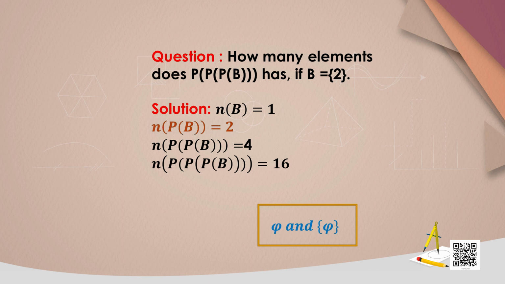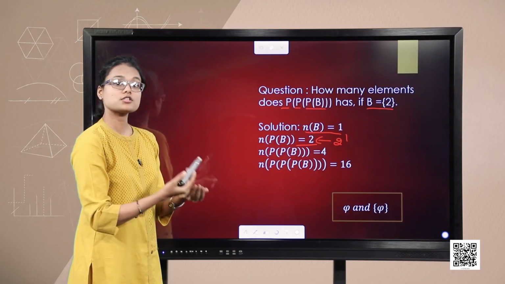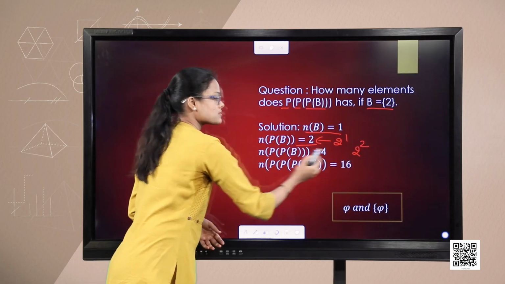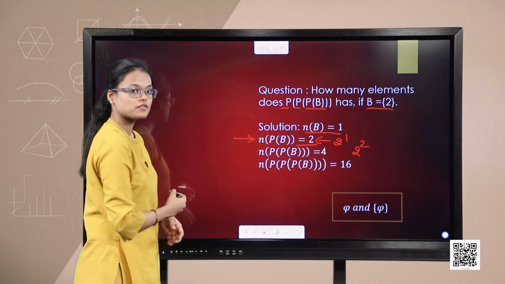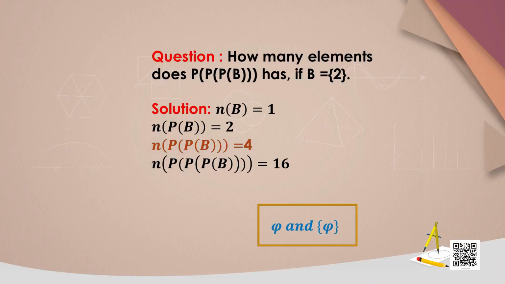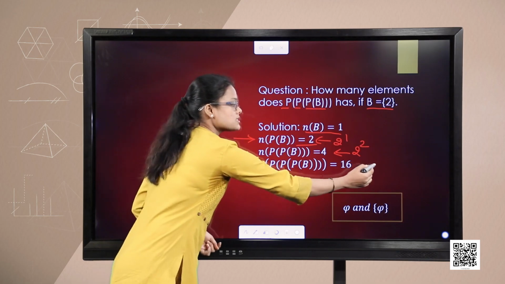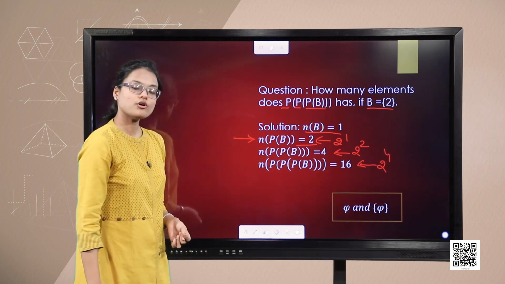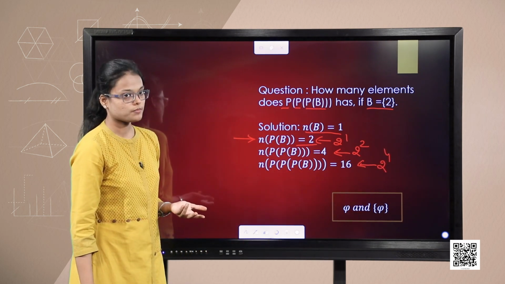So, the number of elements in the power set of the power set of B will be 2 raised to power 2, as we can see and observe from the previous step. This gives us 4. Lastly, what we wanted is the number of elements in the power set of the power set of the power set of B, which gives us 16. How? 2 raised to power 4, which gives us 16.